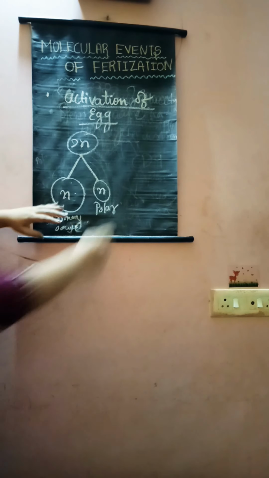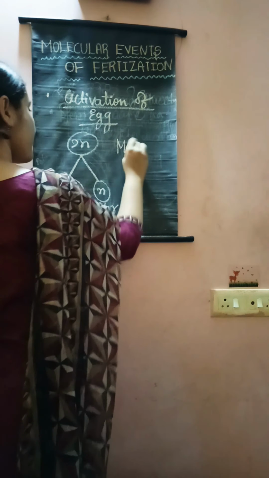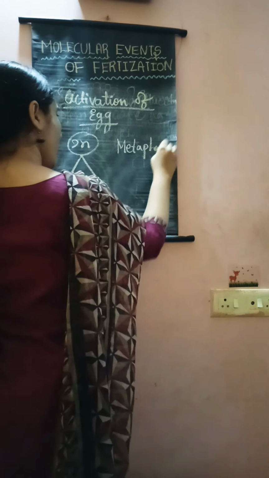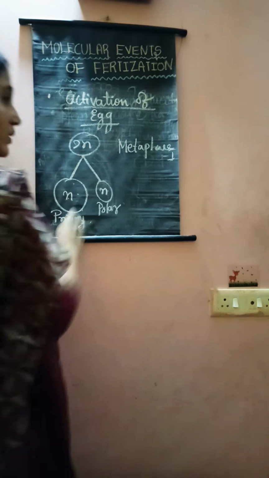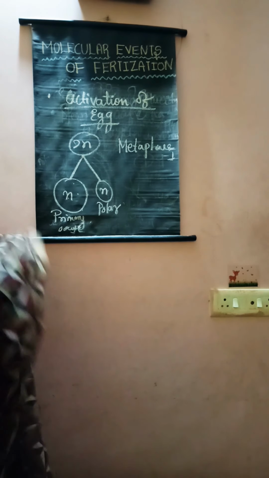Now, in case of an oocyte, before fertilization, that is before it fuses with a sperm, meiosis is arrested at the metaphase 1 stage of meiosis 1. When it fuses with a sperm, then the meiosis will continue.